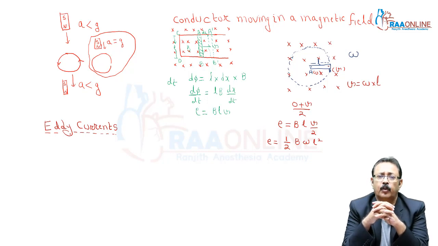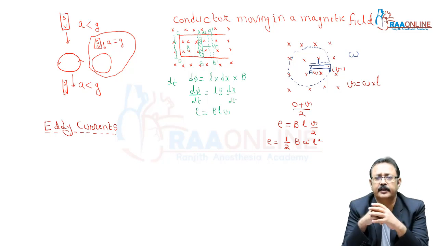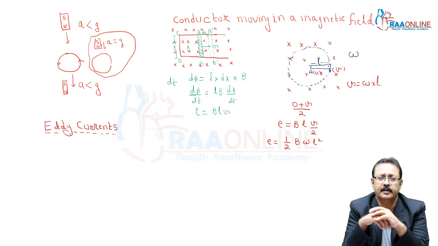So this phenomenon is very useful in daily life. If you need a lot of heat energy, we put a solid conducting surface of high resistance in a moving magnetic field.